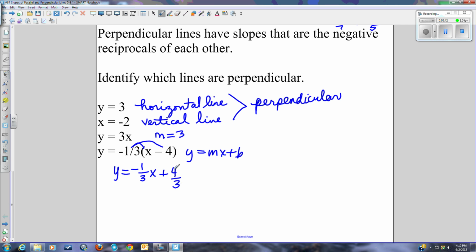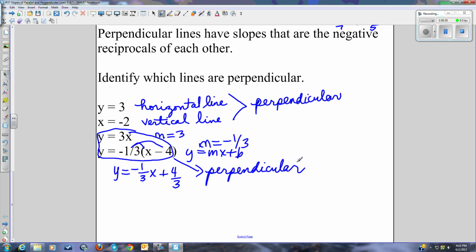Well, the slope of this line would be negative 1/3. Are 3 and negative 1/3 negative reciprocals of each other? They sure are. So these last two lines are also perpendicular. Let's move on to the next page.